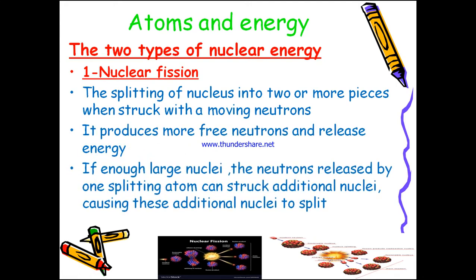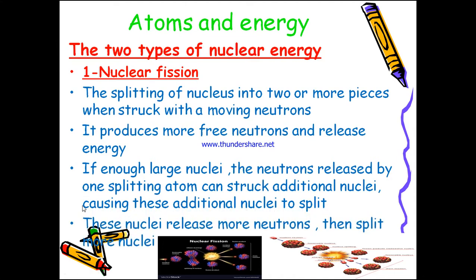If the nuclei are large enough, the neutrons released by one splitting atom can strike additional nuclei, causing these additional nuclei to split. These nuclei release more neutrons that split more nuclei, as you see here.